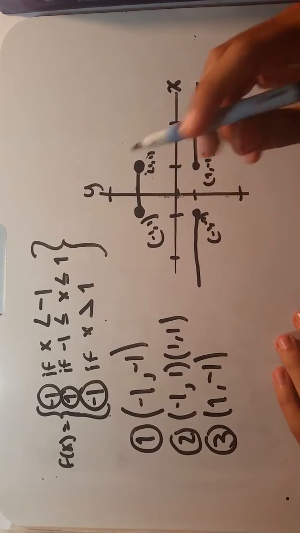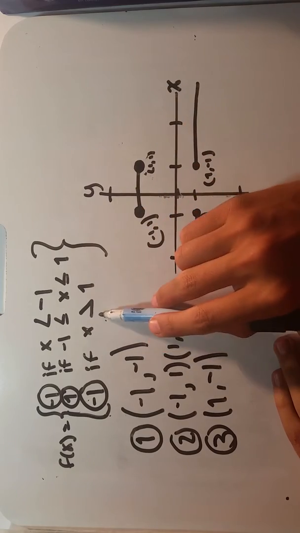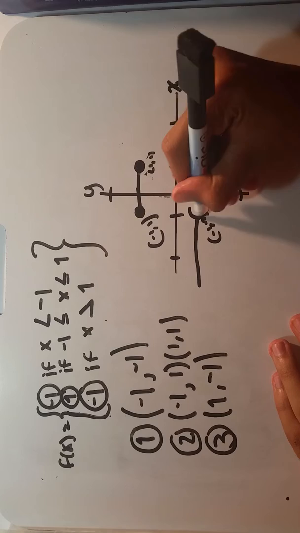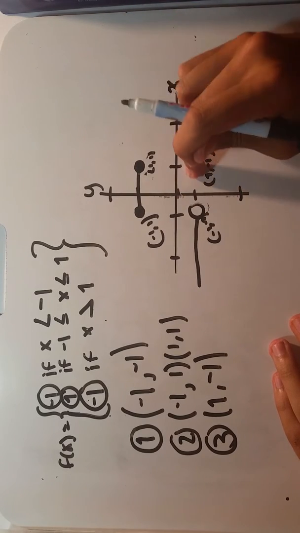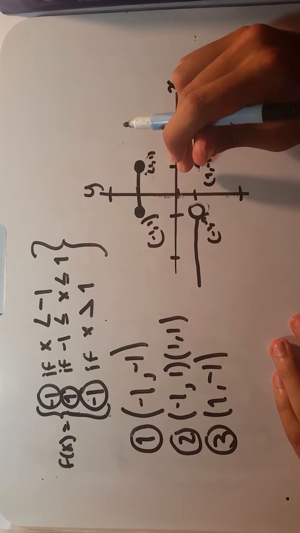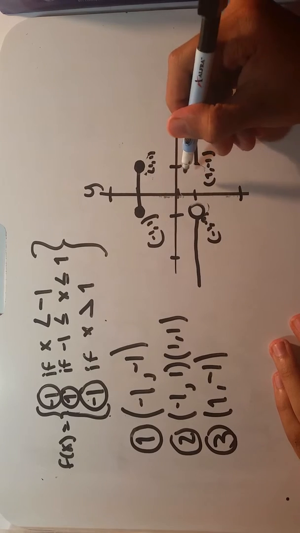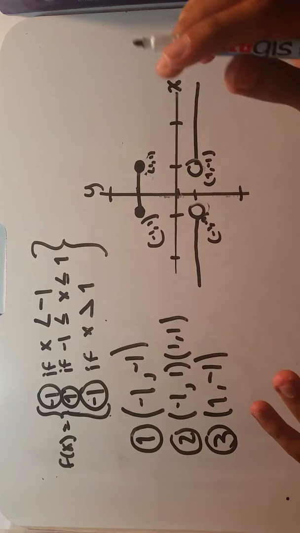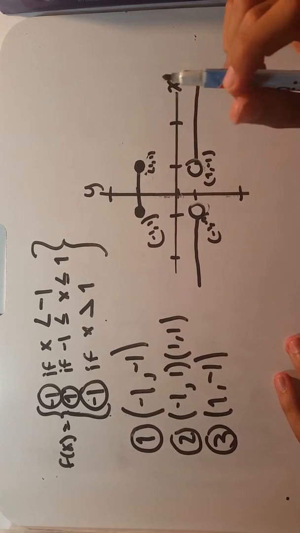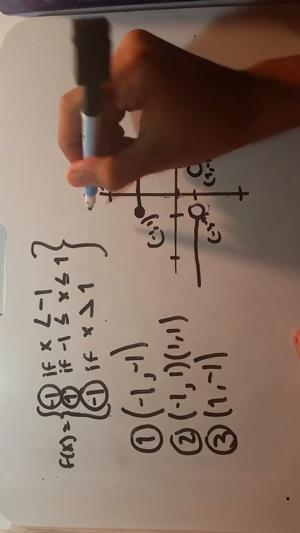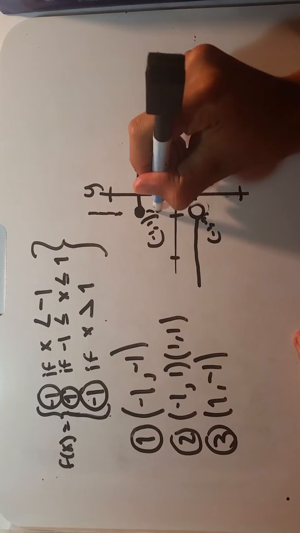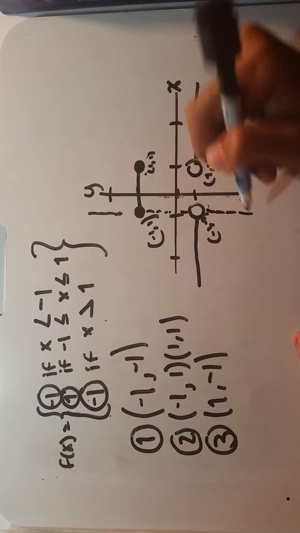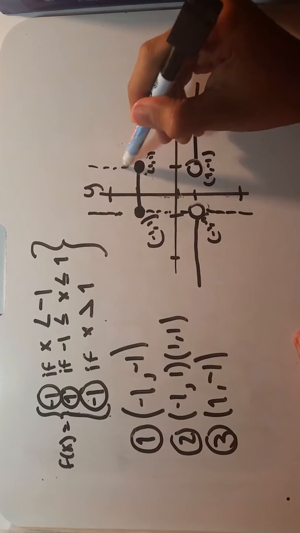But because we don't have equality, the point will be drawn with an open circle, and we are not going to consider the values that are less than 1 or 1. This gives us the reference for the asymptotes. Just where the point in the graph is no longer defined is where the asymptotes are.